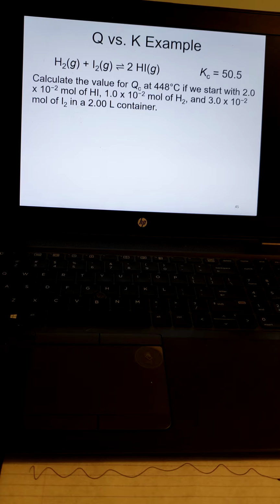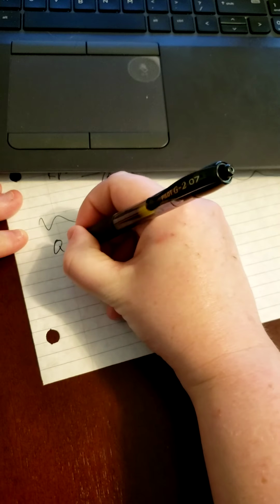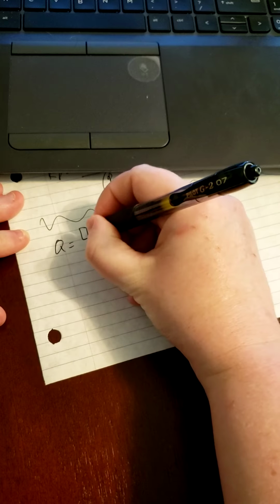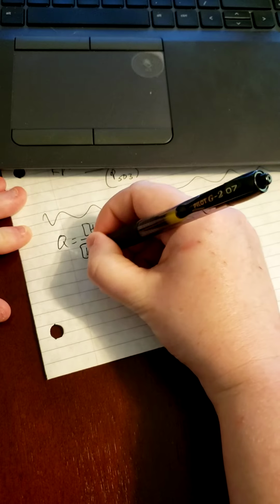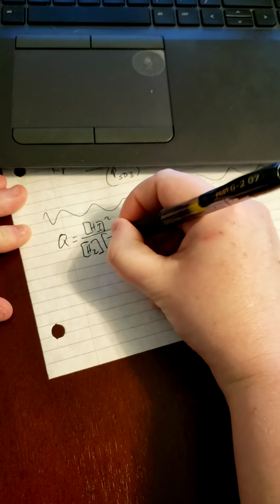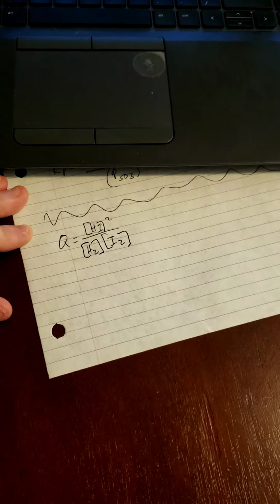Let's look at our handy dandy piece of paper here. Q is the exact same setup as K. So Q is going to be the concentration of HI squared divided by the concentration of H2 divided by the concentration of I2.